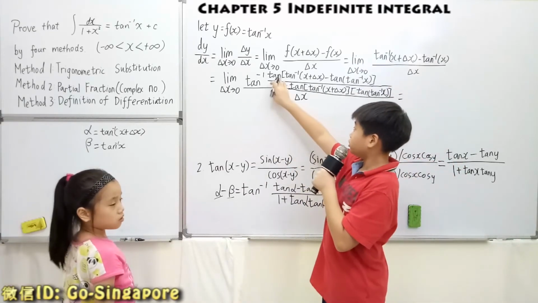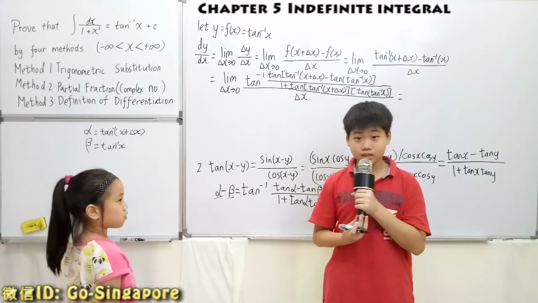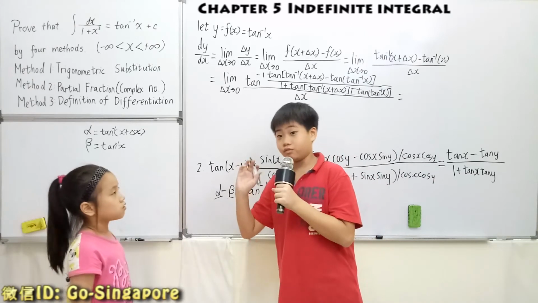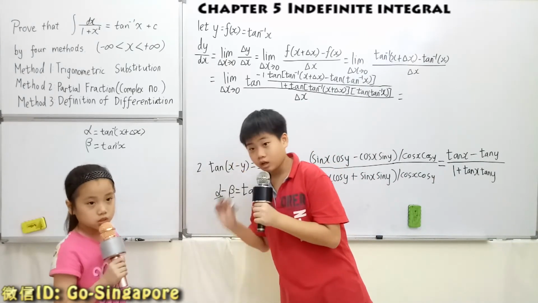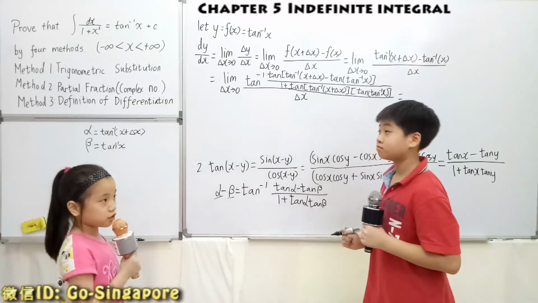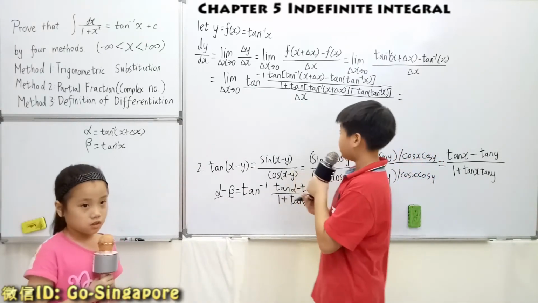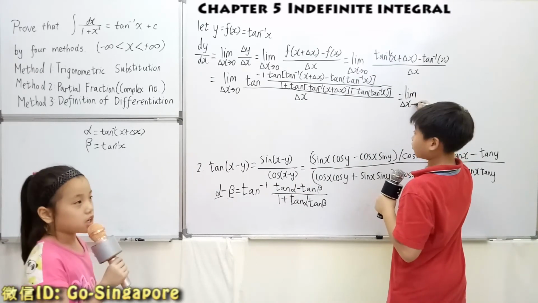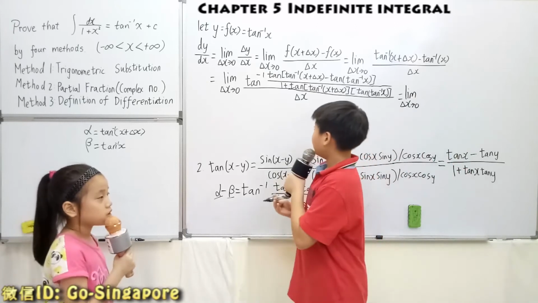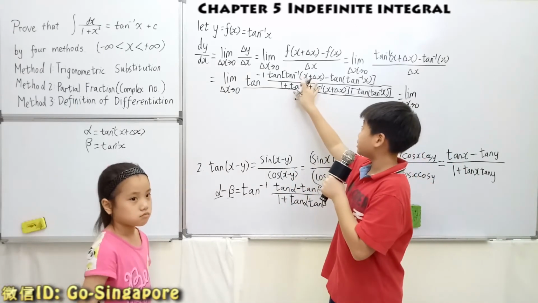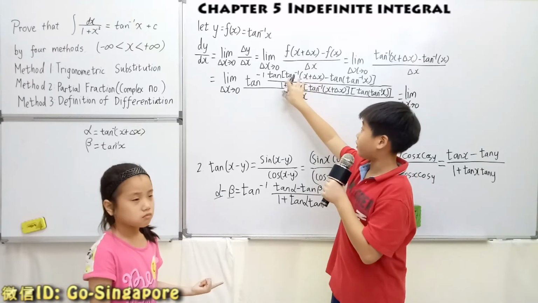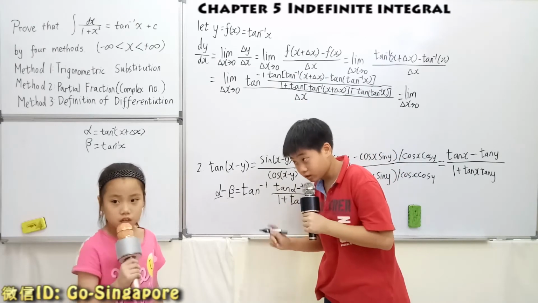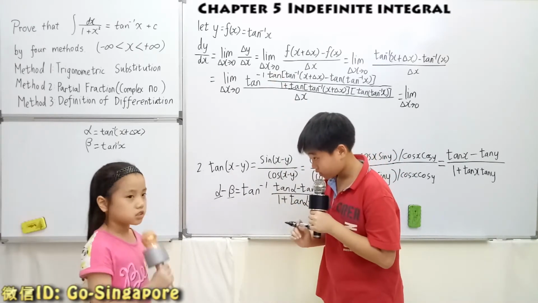So right now, this tangent and inverse tangent, what happens? Remember, they are inverse operations, so they cancel each other. Yes, they cancel each other. Basically, with inverse tangent you find the angle, and with tangent you find the side.